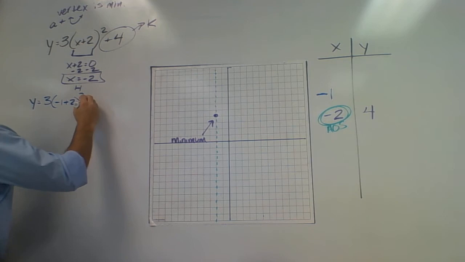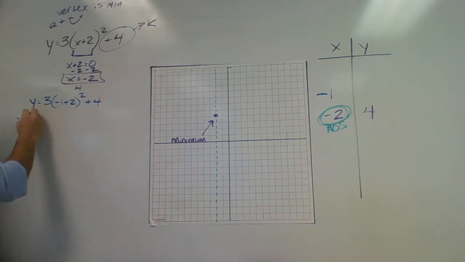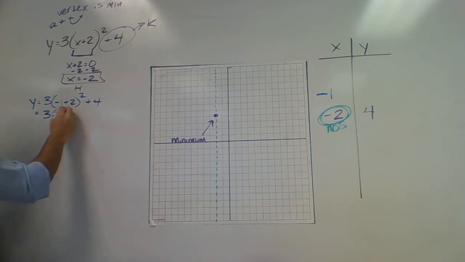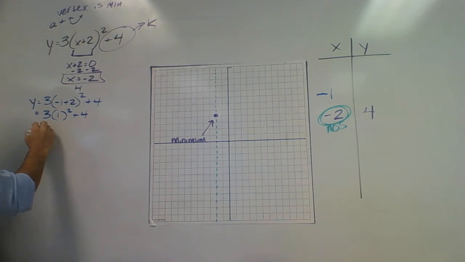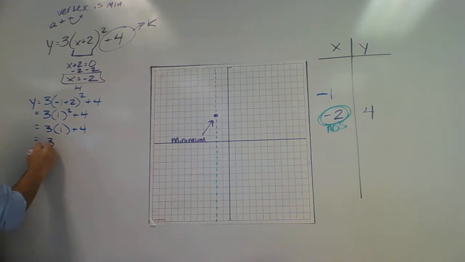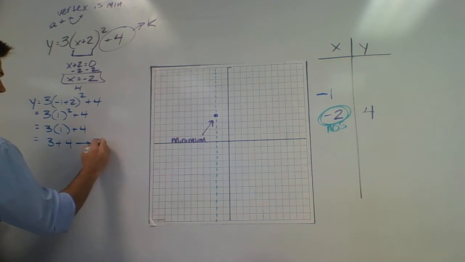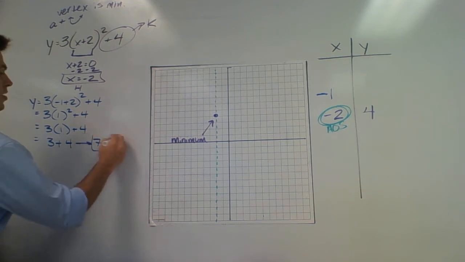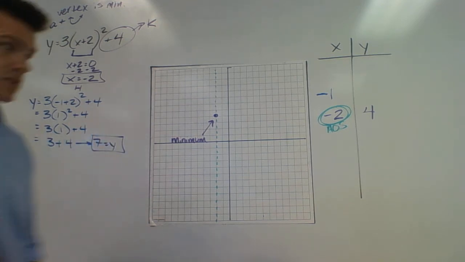We've got to be careful to follow the order of operations, so I want to do what's inside the parentheses first. 1 squared is 1. 3 times 1 would be 3. Plus 4 would mean that we have 7 as our y value when x was -1.